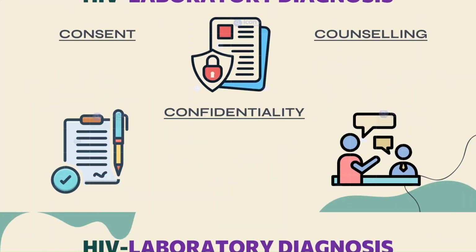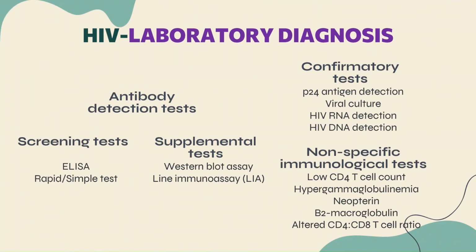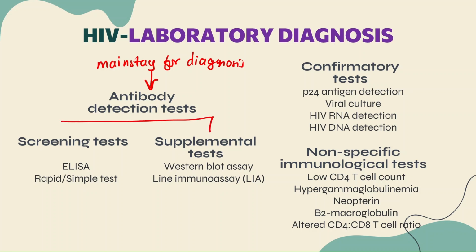Okay, so next, these are the important set of tests that we do for HIV detection, guys. Out of all of these, the mainstay for the diagnosis of HIV is nothing but your antibody detection test. And under antibody detection test, we have two things: the supplemental test and the screening test.